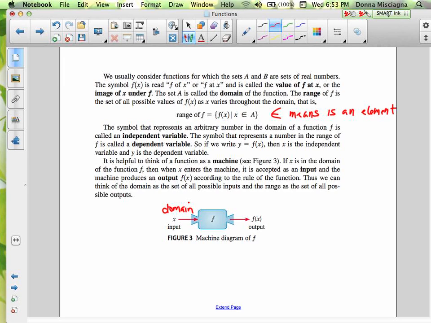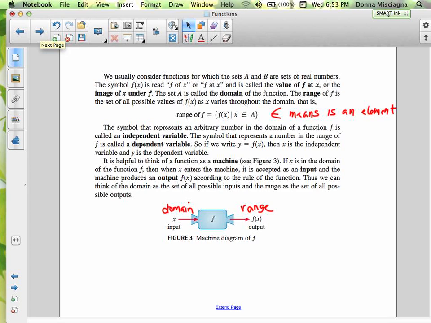So in other words, we plug in elements of our input into the rule for the function, and we get an output. That output is the range.